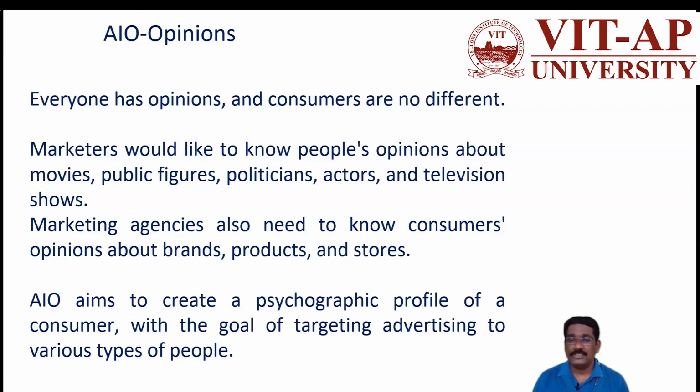The marketing agency is asked to give a lot of analytics so that the marketer can group segments, and specifically formulate a marketing strategy which works very profitably towards that particular segment. So basically here AIO, activities, interests, and opinions, aims to create a psychographic profile of a consumer with the goal of targeting advertising to various types of people.